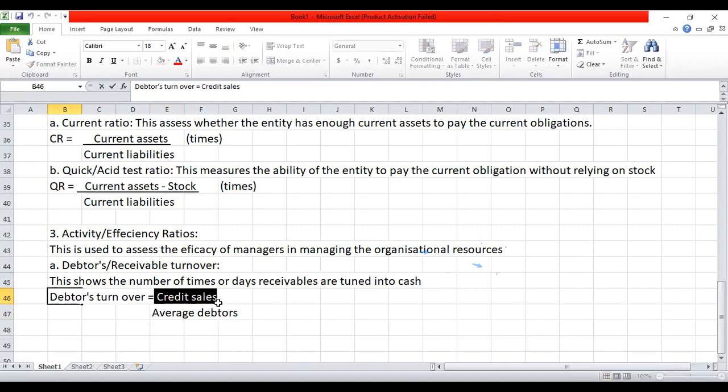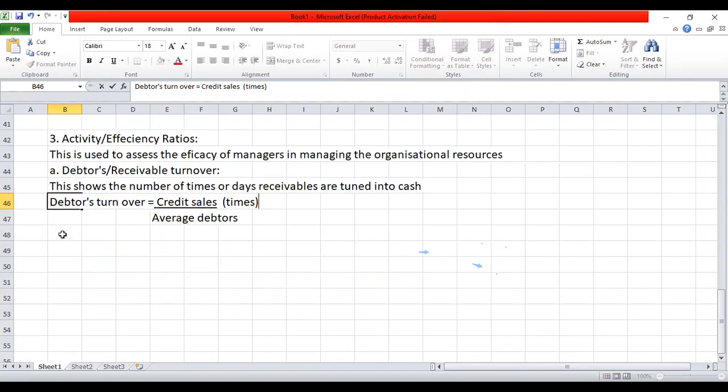And under this, as we said in working capital, you are giving the answer in times, the number of times you are converting your receivables into sales, into cash. Remember, we also looked at the number of days. You just convert the formula as we saw in our previous discussion.